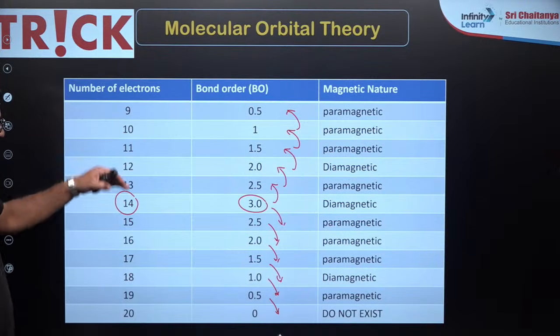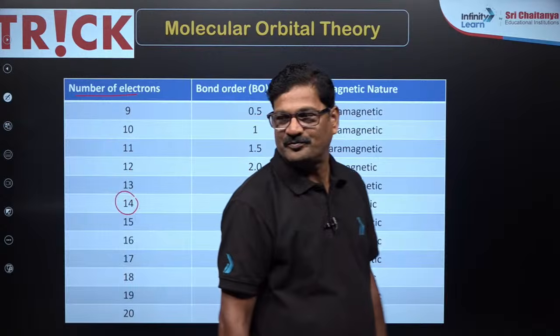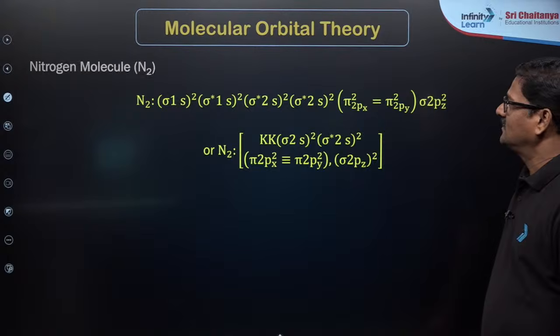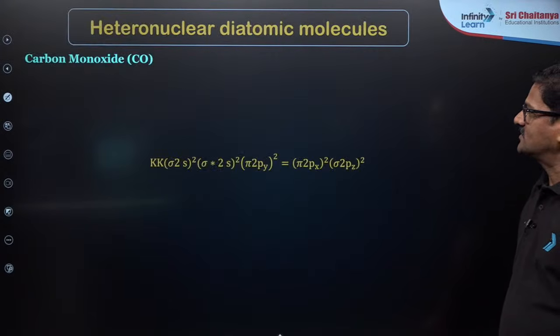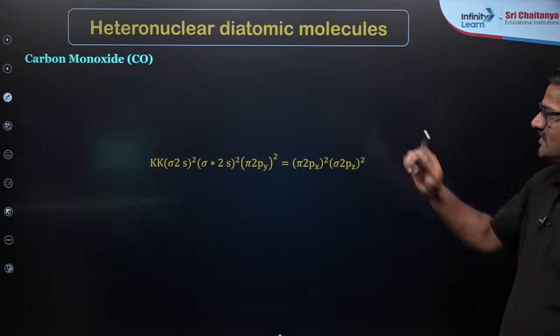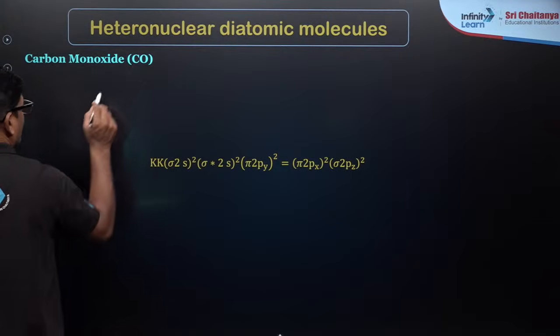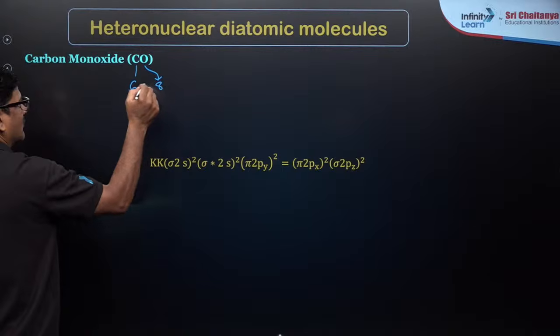So if you take the number of electrons into consideration, let's see here, carbon monoxide. Carbon has 6 electrons, oxygen has 8 electrons.